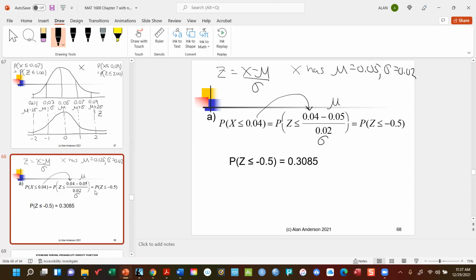So you're taking the number that you're actually looking for, which is 4%, you subtract the mean of 0.05, and you divide by the standard deviation. And so it turns out that X being less than or equal to 0.04 is equivalent to Z being less than or equal to -0.5. In other words, in both cases, 0.04 for X and -0.5 for Z are 1/2 standard deviation below the mean.